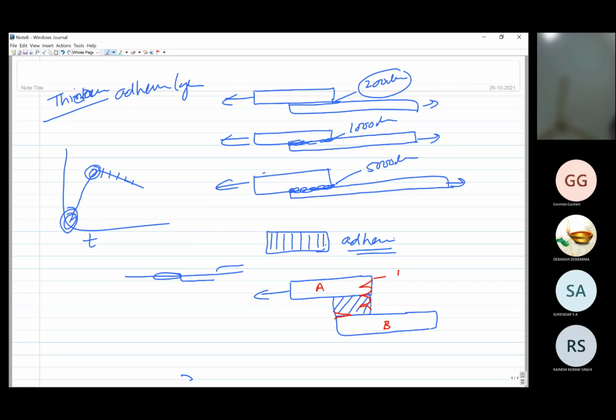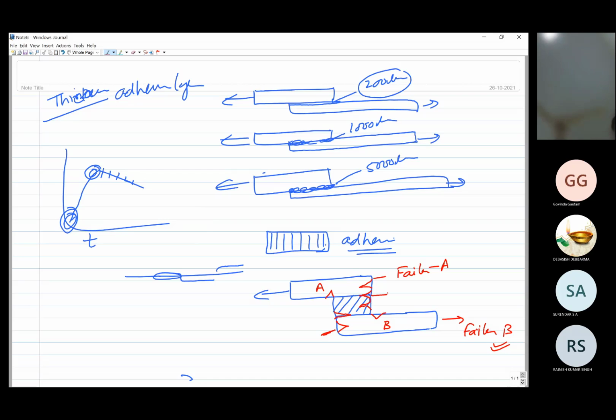So one is the failure of the base metal, this is base A, and if the failure is occurring from B, then failure of B, or it can occur from this location as well as from these locations as well. So failure of A or failure of B. I'm not saying which is strong, which is weak, which is thin and which is thick, but certainly there is a possibility of the failure from A and B both.